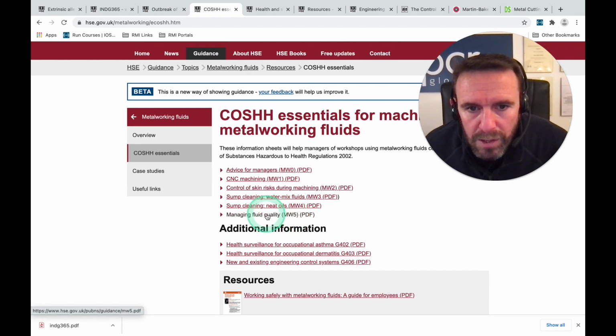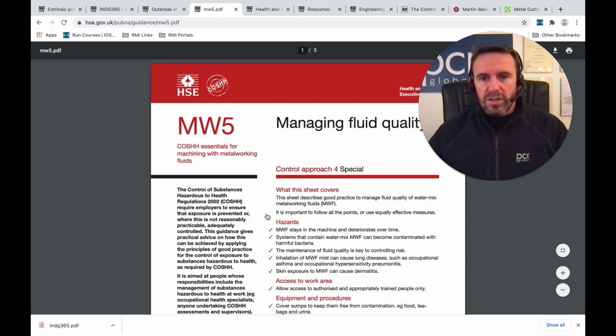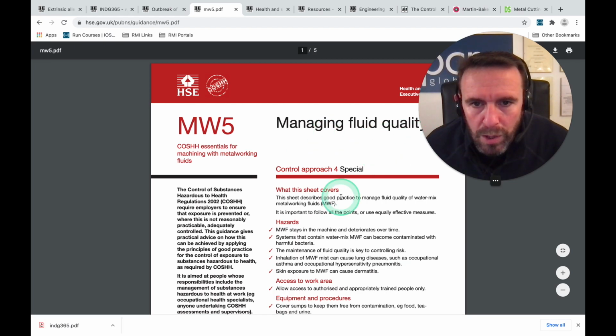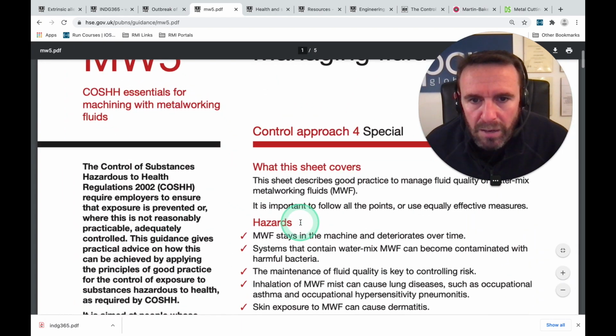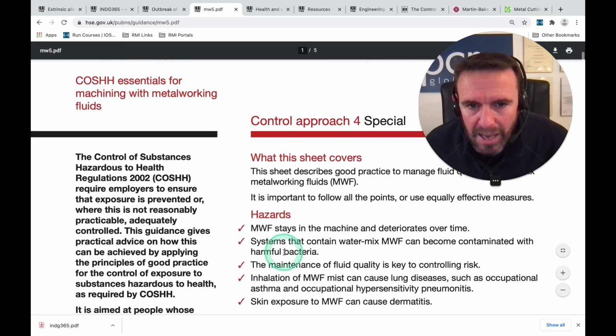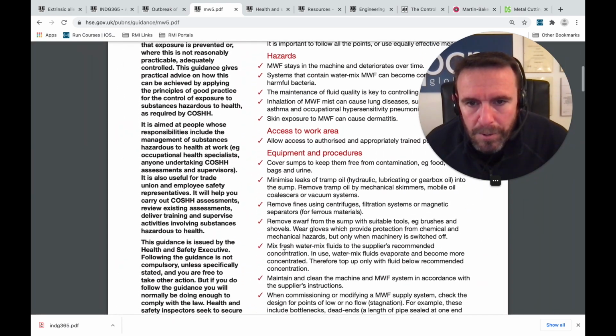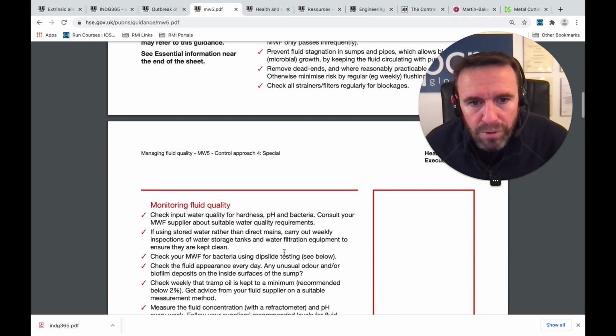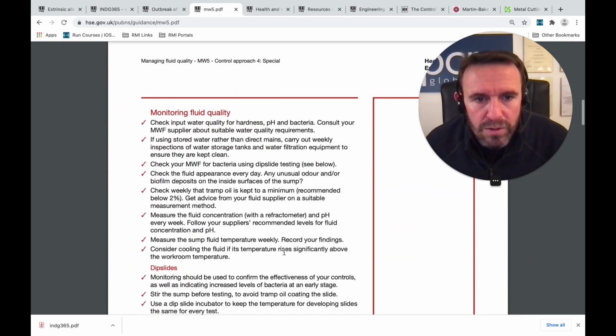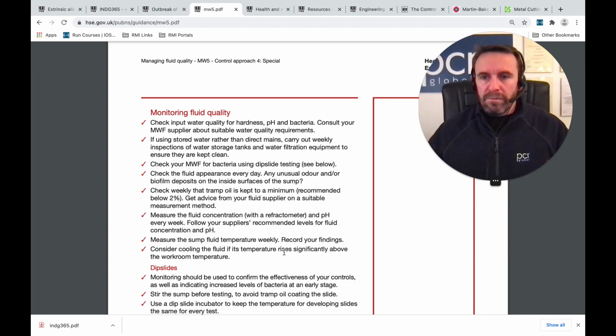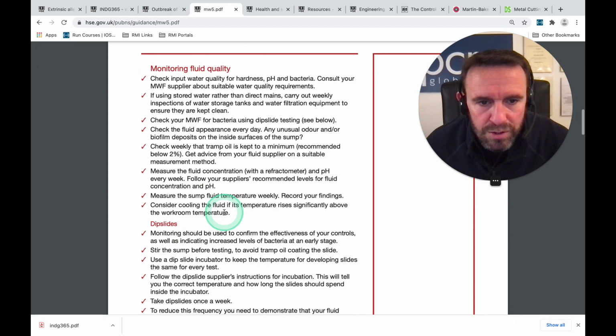Gives all the guidance how to manage fluid quality, what it covers, good practice, hazards, access to the work area, equipment and procedures. It's really, really worth downloading these documents. And ultimately, you're going to need to involve this information within risk assessments.